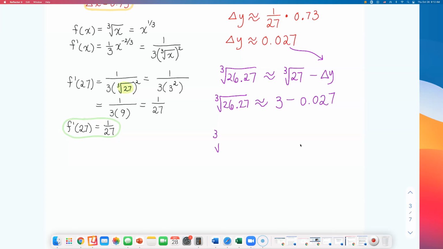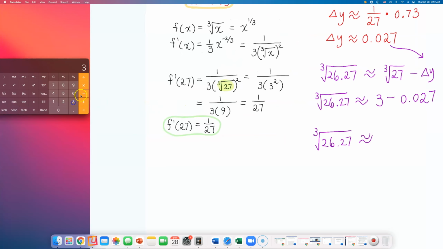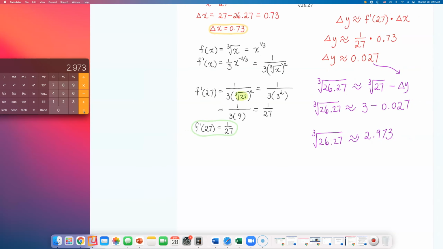So cube root of 26.27 is approximately 3 minus 0.027, which is 2.973.